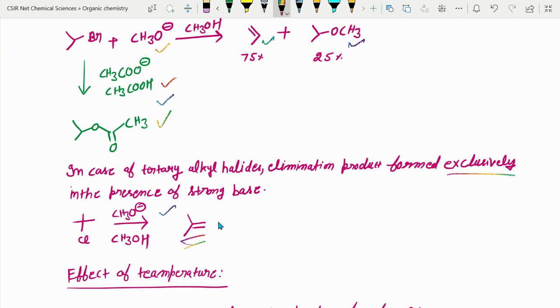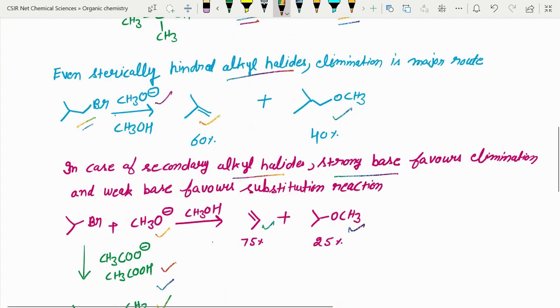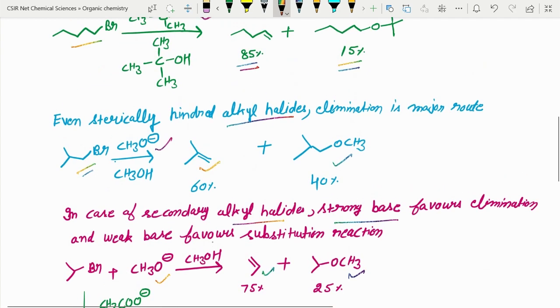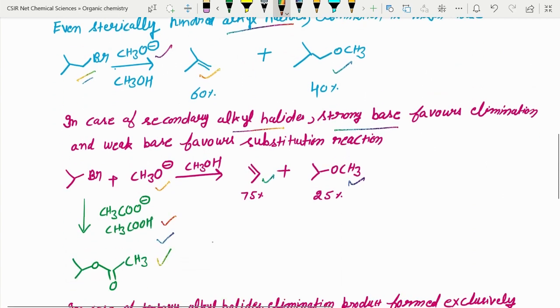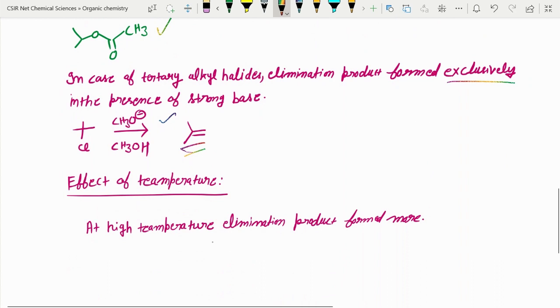So these are the different conditions we have studied for how to selectively get one product. It depends on the base, and it depends upon what type of alkyl halide we are using. A stronger base will produce more elimination product, and a less strong base will give more substitution product.